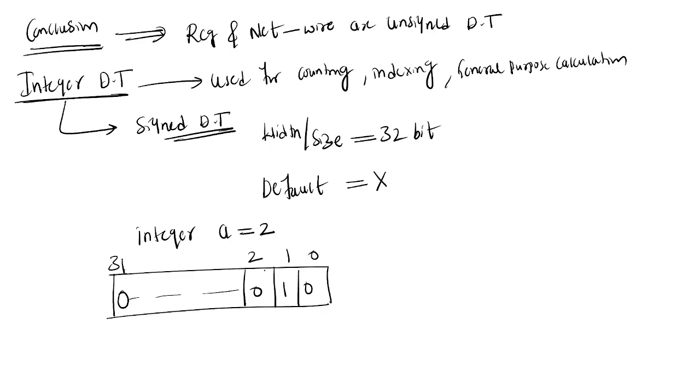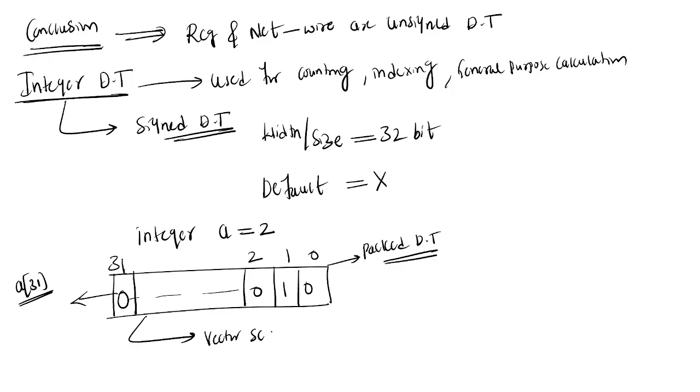And suppose you want to access a of 31, we can't access it. Why can't we access it? This is a packed data type. What is a packed data type? That means vector slicing is not possible. We cannot perform vector slicing in the integer data type.